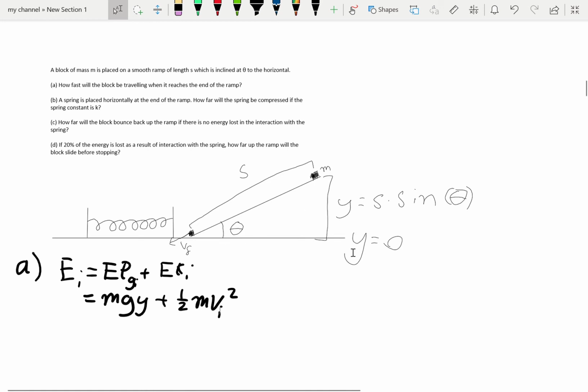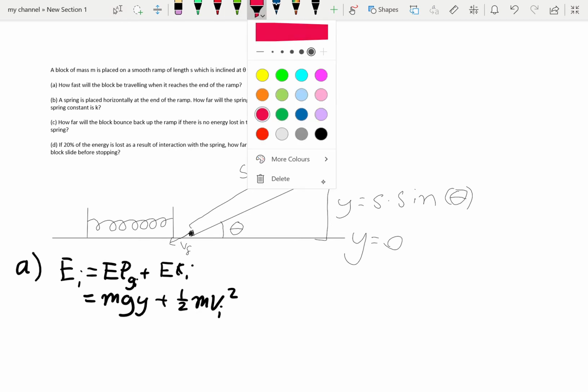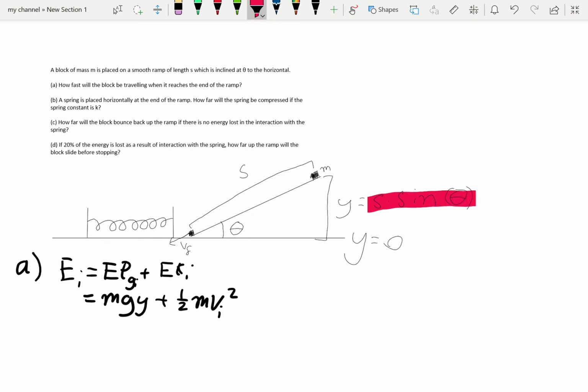Now, note, I'm doing a diagram here, and we have on this diagram a height axis y, and this baseline right here is y equals 0, and we have the height of the mass. That's given by the length s multiplied by the sine of theta. So the height y above the ground of the mass m is y equals s sine theta.